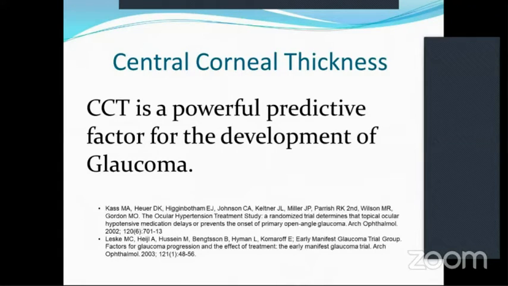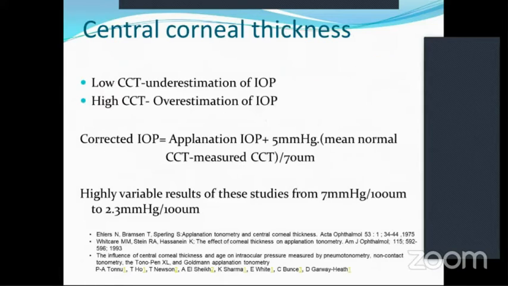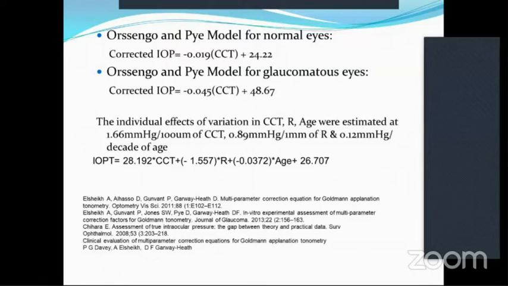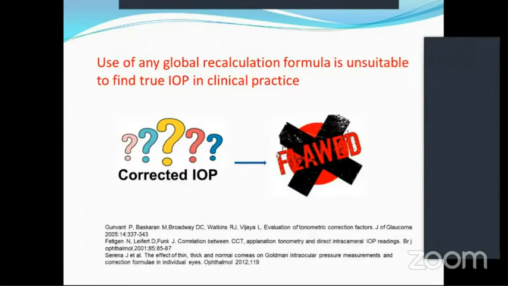Presently, there is no consensus on how much to correct for central corneal thickness, but the Ocular Hypertension Treatment Study and Early Manifest Glaucoma Trial Group have concluded that CCT is a powerful predictive factor for the development of glaucoma. Subsequent studies revealed that there are factors apart from CCT which have a bearing on the intraocular pressure measurements, such as corneal stiffness and viscoelastic properties of the cornea.